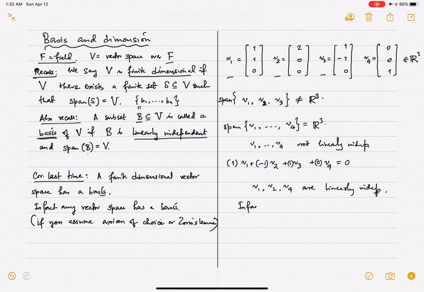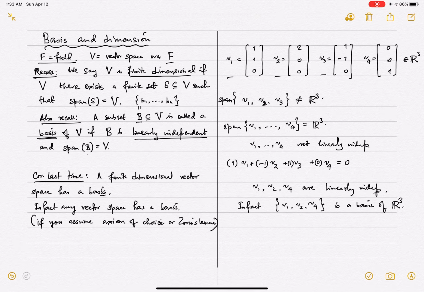You can check, also spans, so this is a basis. What that amounts to saying is that every vector in R3 can be uniquely written as a linear combination of v1, v2, v4.